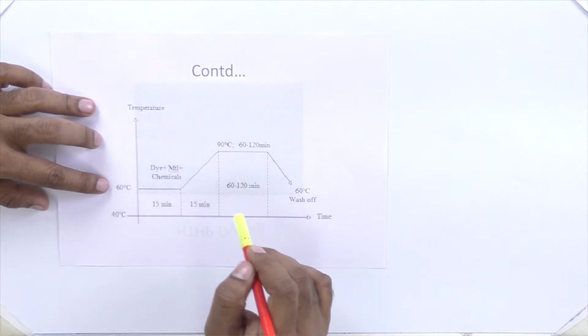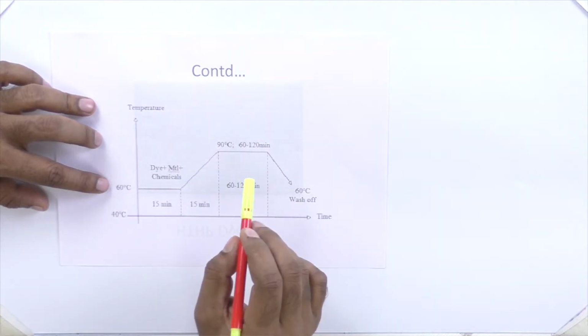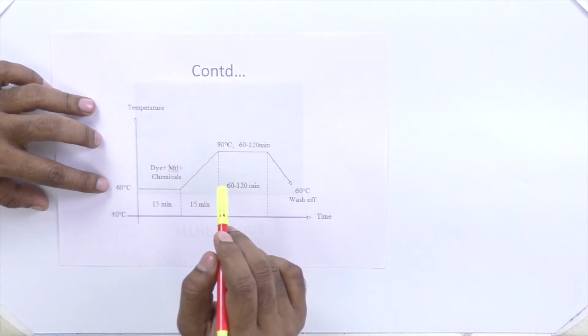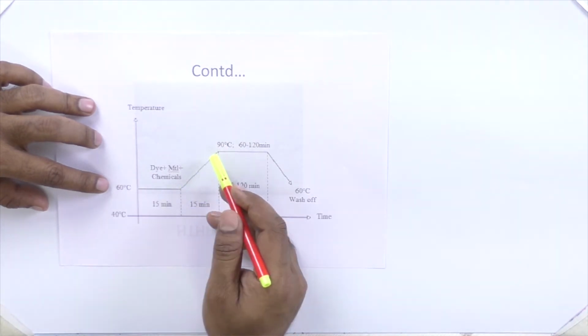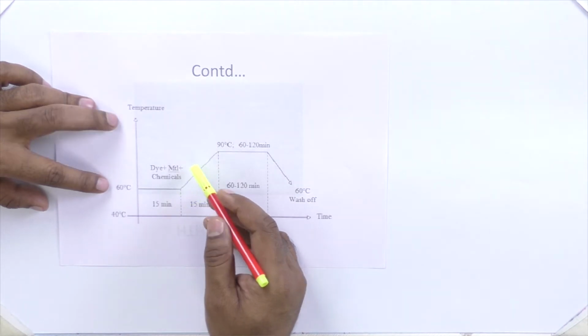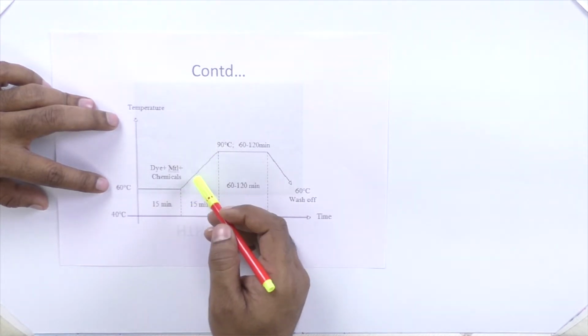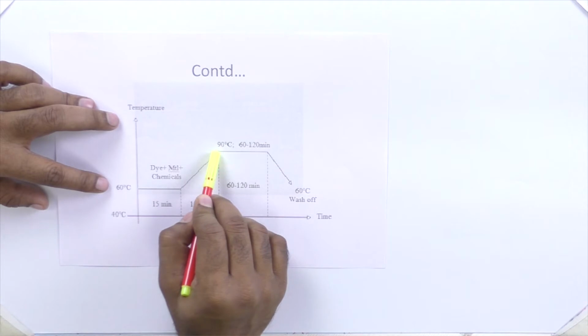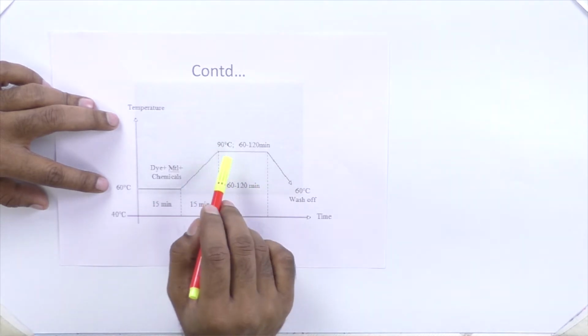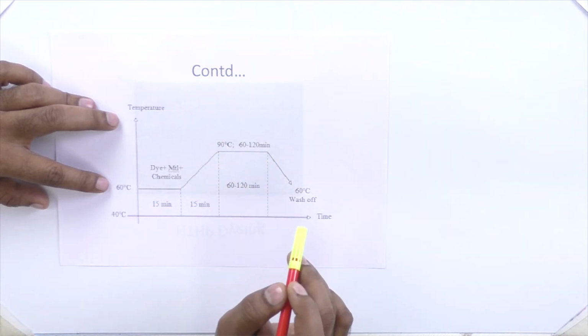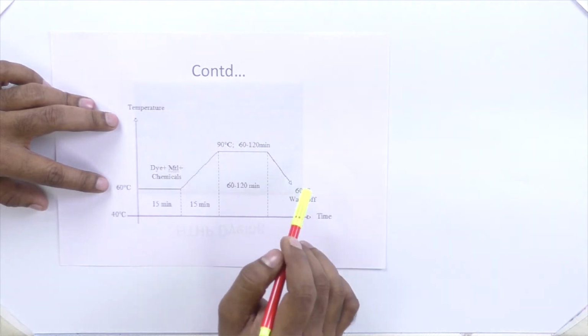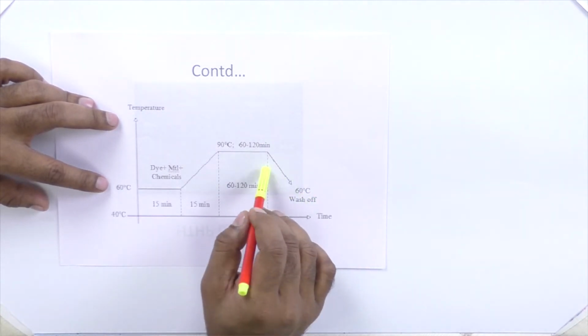Normally the rate of rise is 1 degree Celsius per minute. Then at 90 degrees Celsius they keep it for 120 minutes, and then drain the water. So this is for carriers.